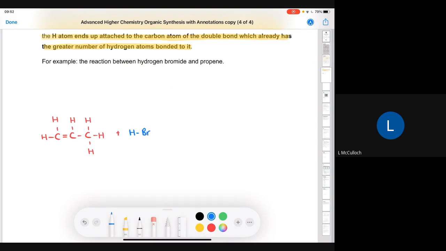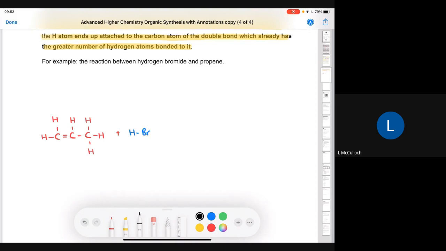Right, so if we look at applying Markovnikov's rule, it states that the hydrogen atom ends up attached to the carbon atom of the double bond, which already has the greater number of hydrogens bonded to it.